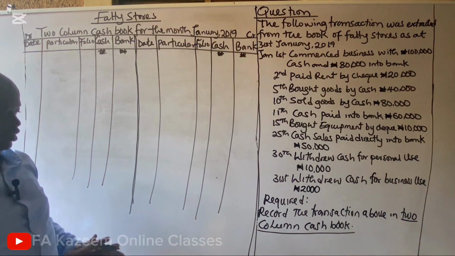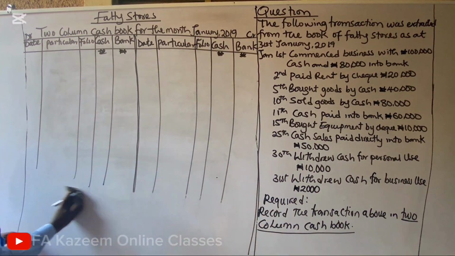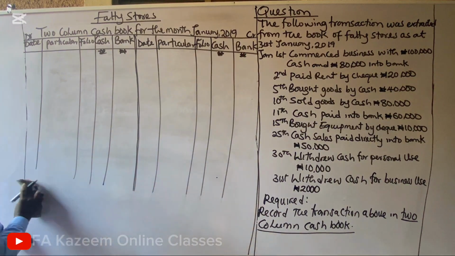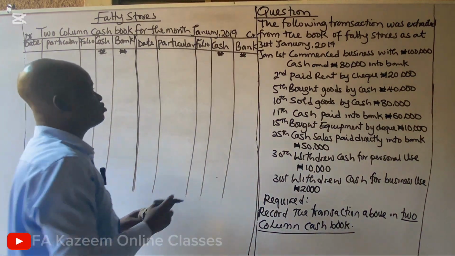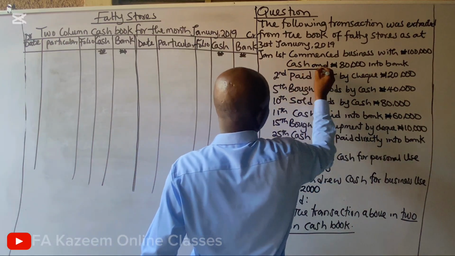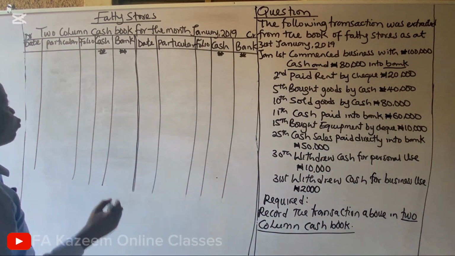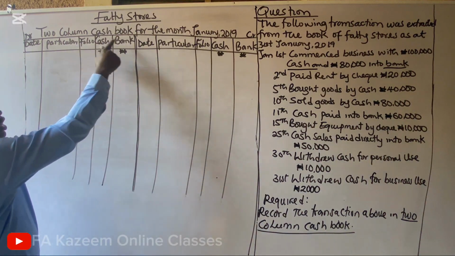Now let's solve. All entries are to be recorded once. The first entry is commenced business with 100,000 cash and bank. This is an inflow. We're only keeping record for cash and bank.